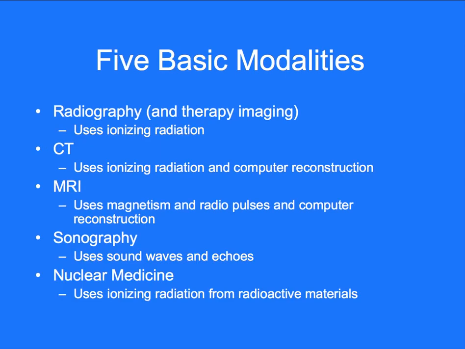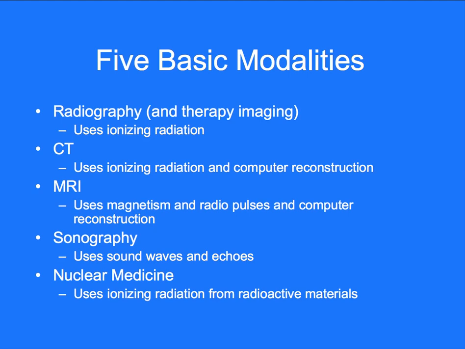Now, there are 5 basic modalities that we're going to talk about very briefly in this presentation. One is radiography, which also includes radiation therapy imaging, such as CT sims and port films, and that all uses ionizing radiation. We have CT scans, which use ionizing radiation with computer reconstruction.